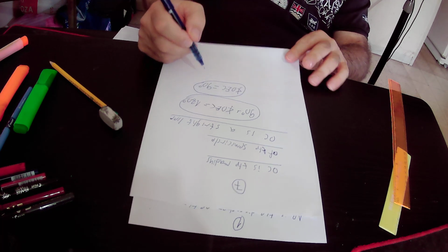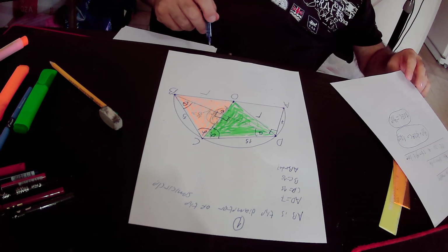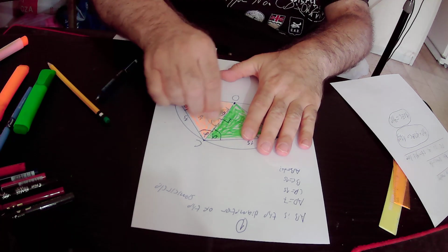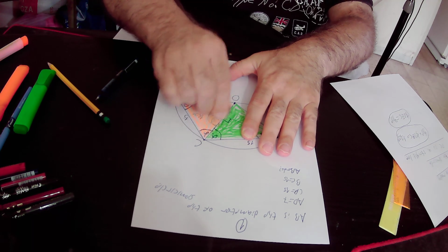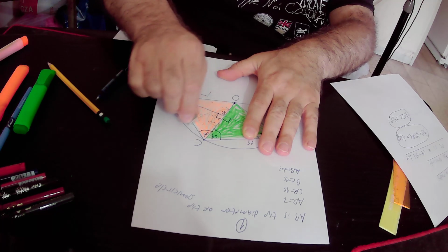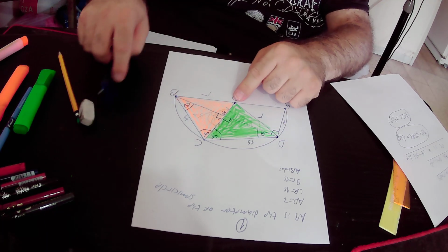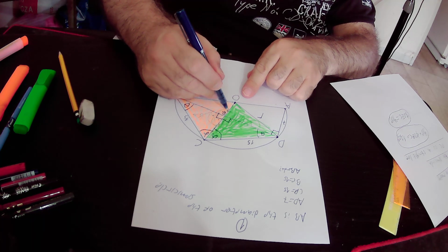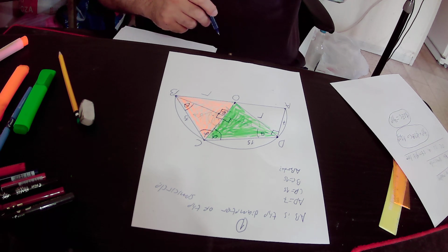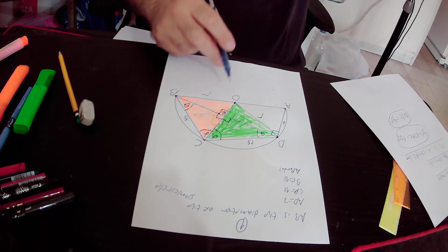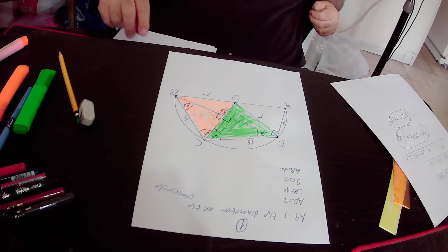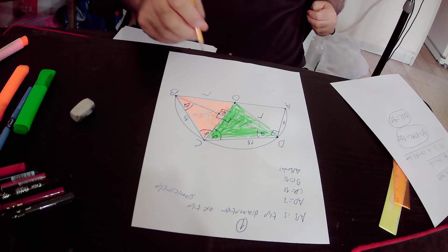Okay, so angle OEC is a right angle, so this angle equals 90 degrees. Okay, so we have around point E three angles that are right angles, and we will define the fourth angle.